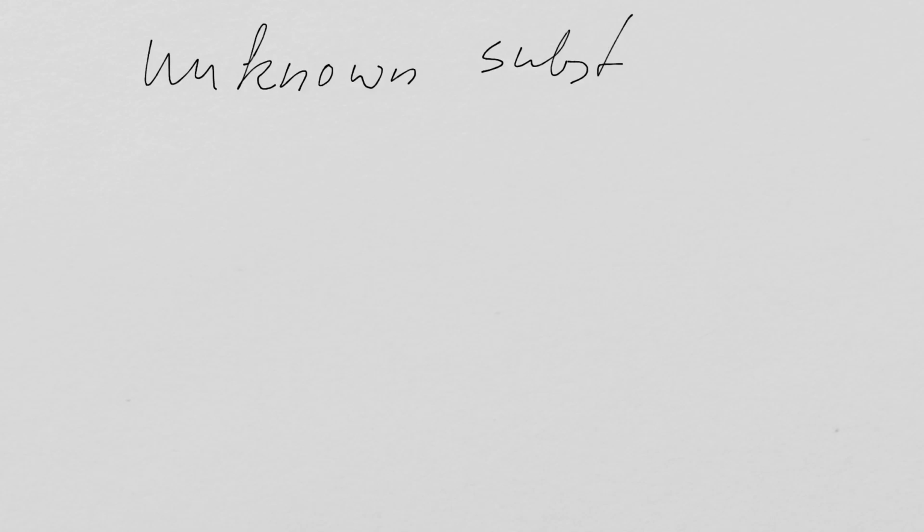You have an unknown substance, and all you do is you measure out a certain amount. So let's say we have a 1 molar solution of this unknown substance, which gives us a pH of 5.7.